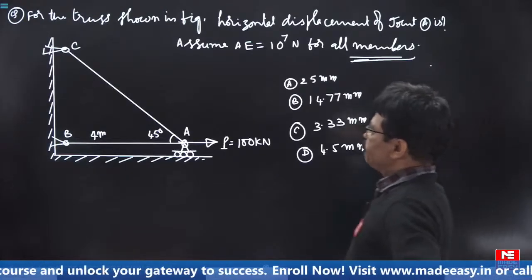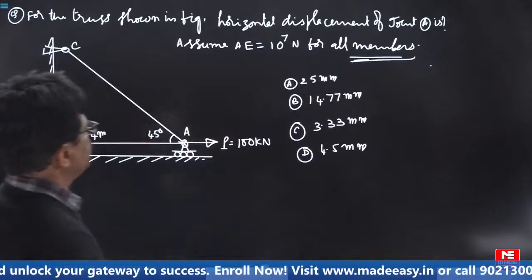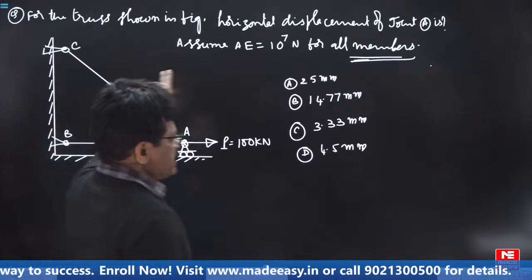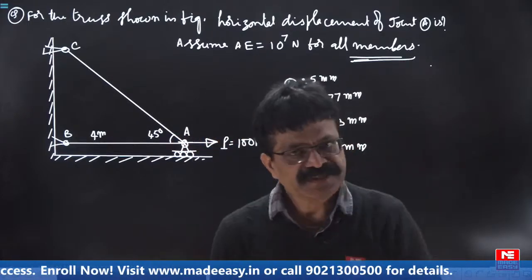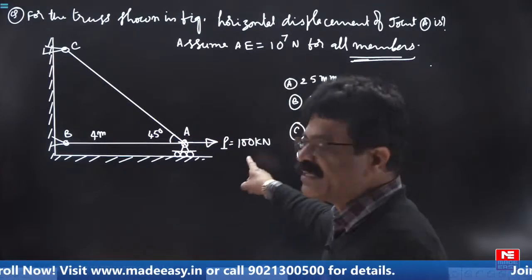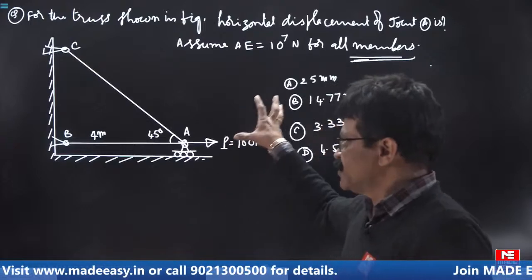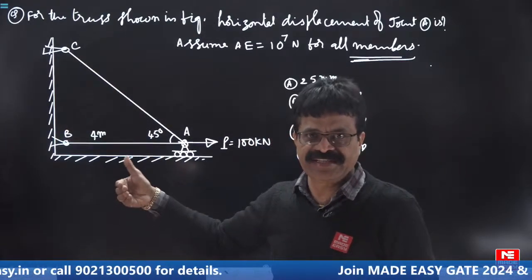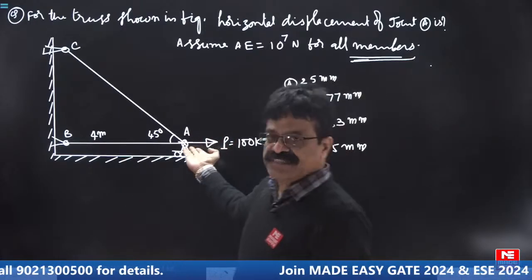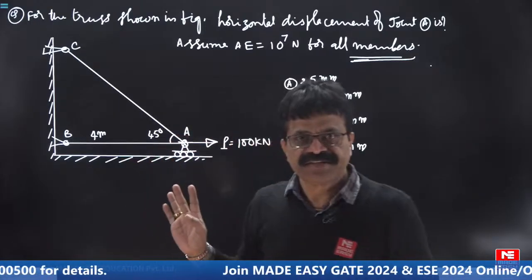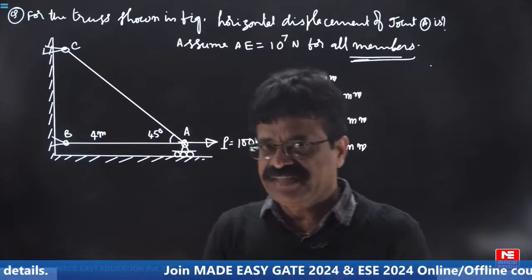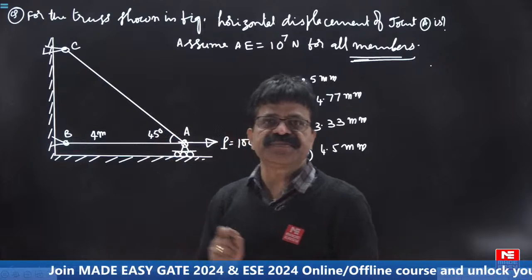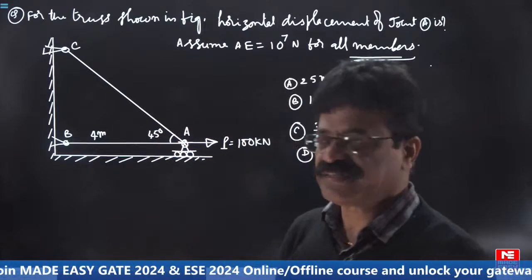Now let us see, for the truss shown in figure, horizontal displacement of joint A. It is a statically indeterminate structure, kinematically also indeterminate. For such structures you cannot use, as I have told earlier, PKL by AE. We cannot use it because it is indeterminate. So if the trusses are indeterminate structures, you must use the stiffness matrix method only to get out quickly.